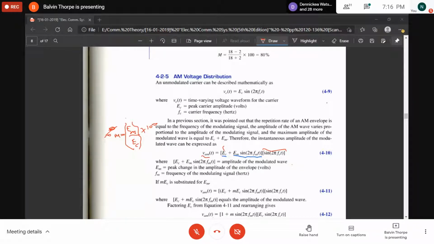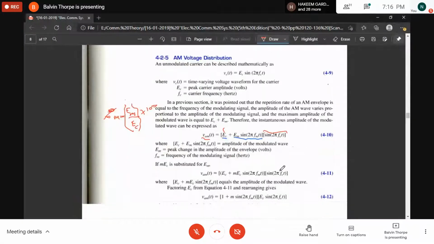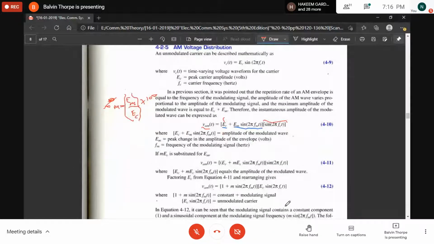Right, so if that is what EM is, then we can have an expression with EC right through, which is what happens in equation 4.11. By making EM equal to MEC, we can then write EM from here as MEC right here.